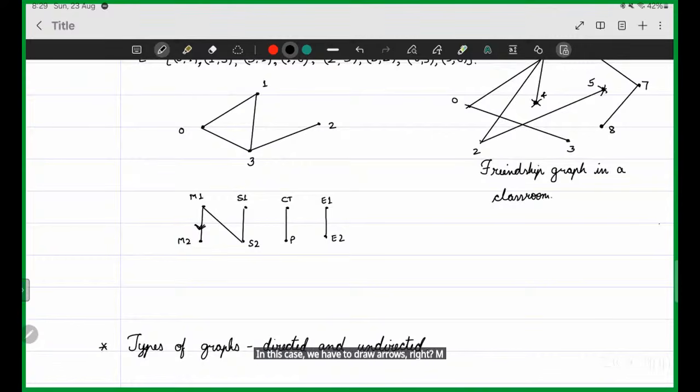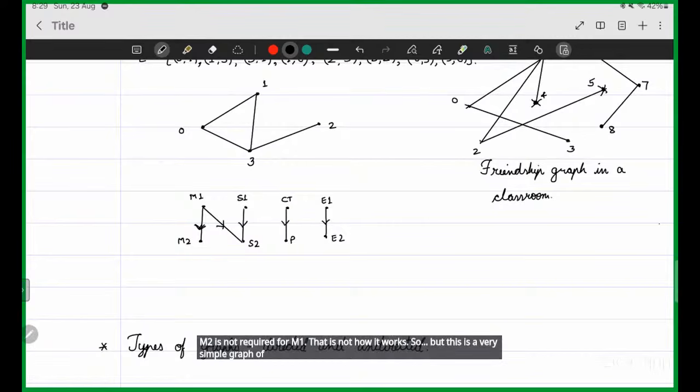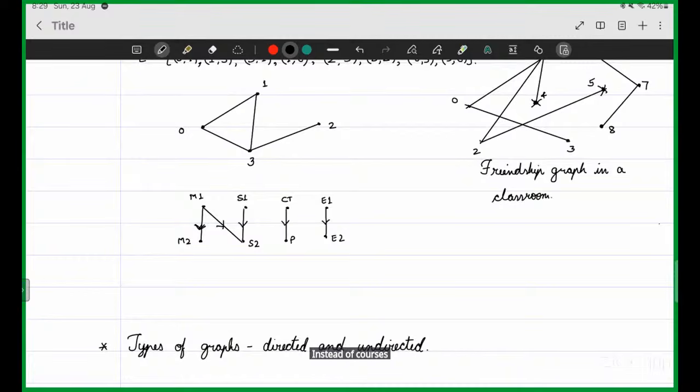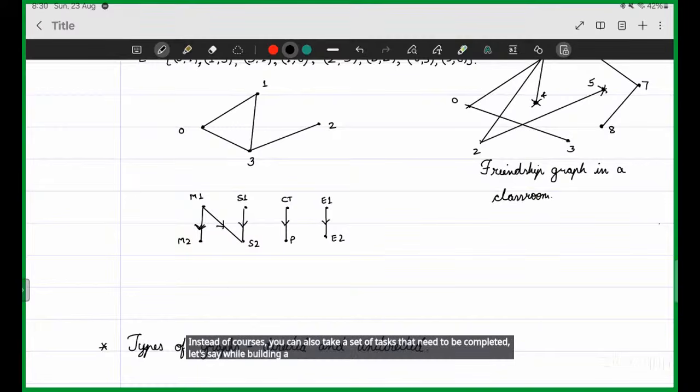In this case, we have to draw arrows, right? M1 is required for M2, but M2 is not required for M1. So that is not how it works. This is a very simple graph of dependencies between courses. Now, instead of courses, you can also take a set of tasks that need to be completed, let's say while building a house or scheduling any sort of sequence of events in which some things may be dependent on some things.